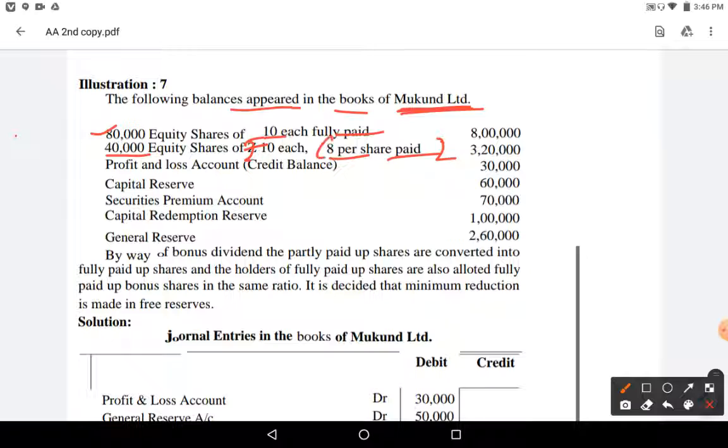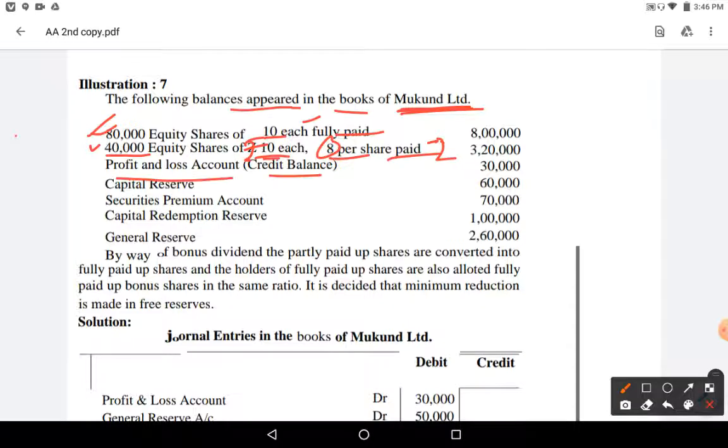This is 8 rupees paid out of 10. This is fully paid up. So there are two classes. One is fully paid up equity shareholders. Another class is 40,000 equity shares of rupees 10 each, 8 rupees paid and 2 rupees unpaid. So partly paid up shares are also there.